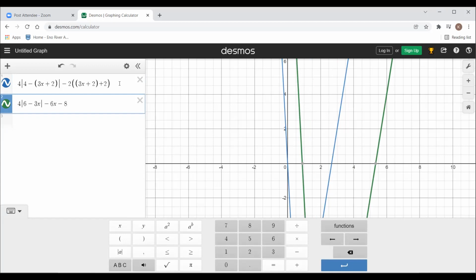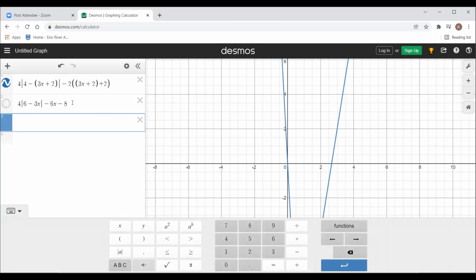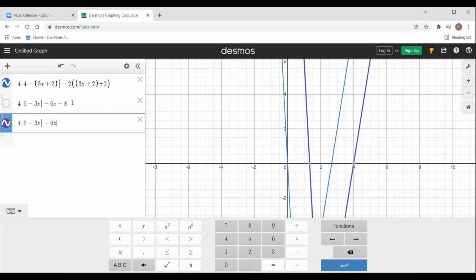So the first answer choice is wrong. That's not it. So right now I'm going to click on this right here. I'm going to click on it, make it go away. That's not the right answer choice. I'm going to go to the next one. 4, 6 minus 3a, I'm putting an X in instead. Minus 6a plus 8.